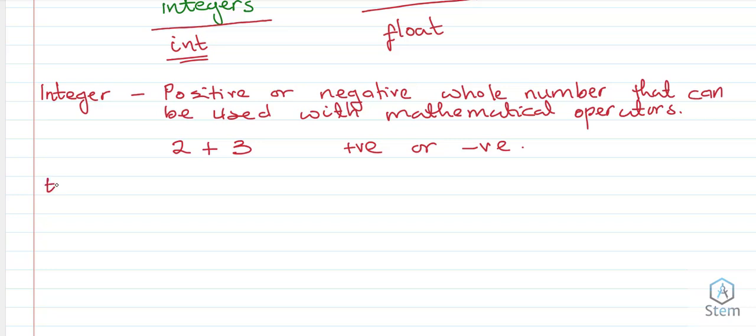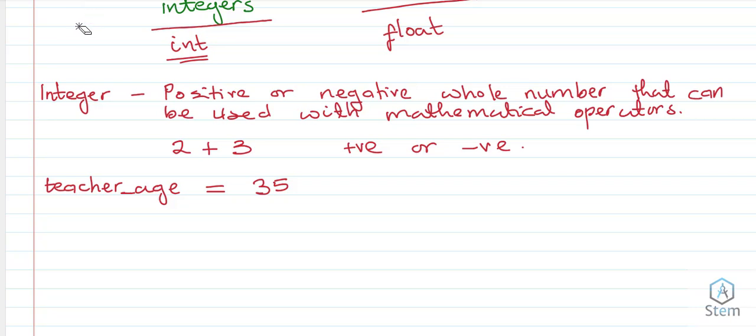I can say teacher age is equal to, then the integer would be 35. I want to emphasize this idea because we have other data types where the value should be in quotation marks. But for integers, boys and girls, integers are not put in any kind of quotation marks.